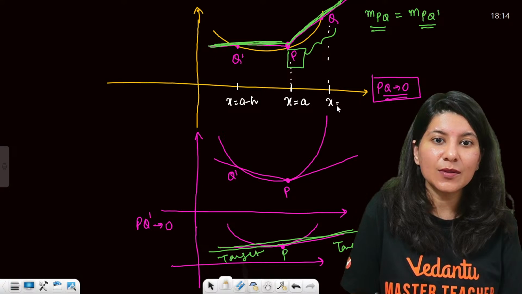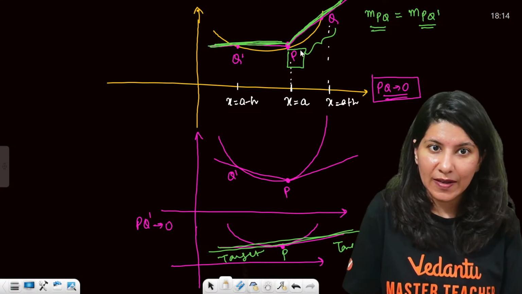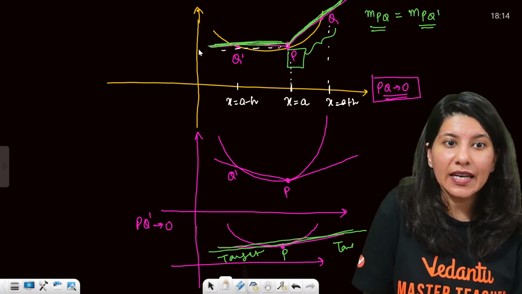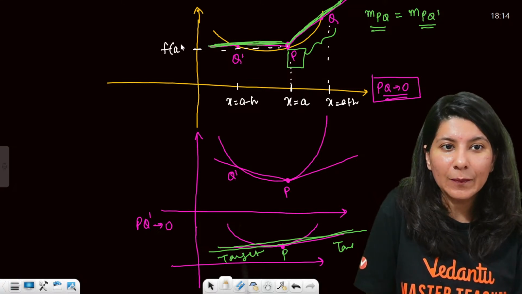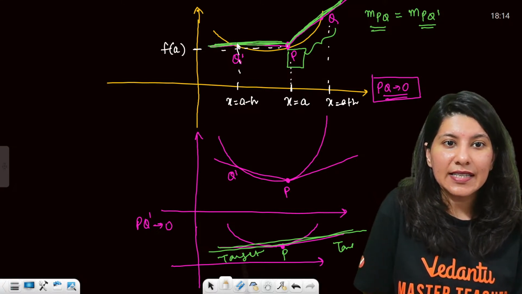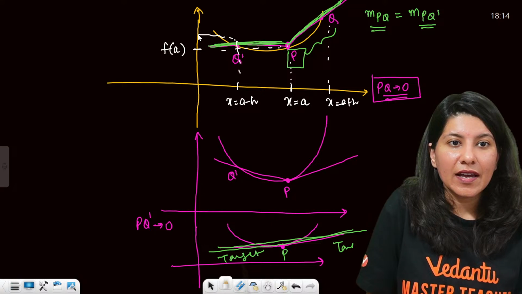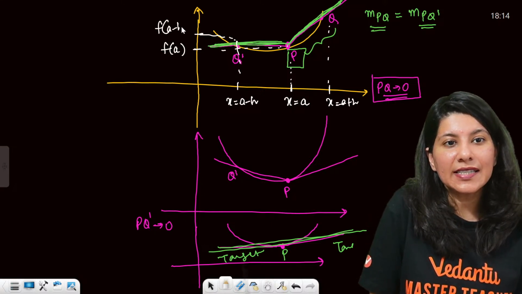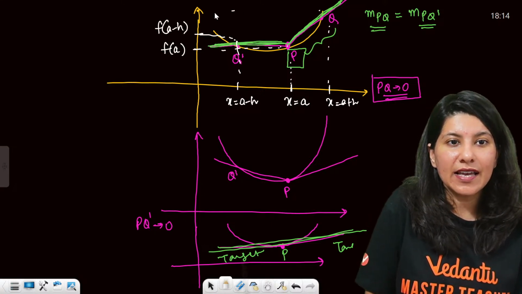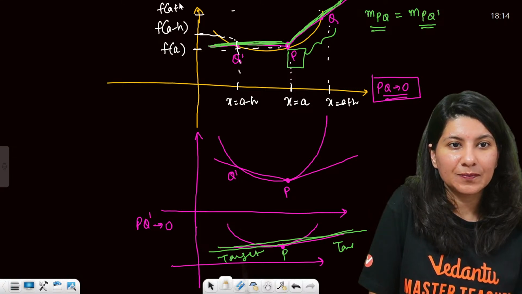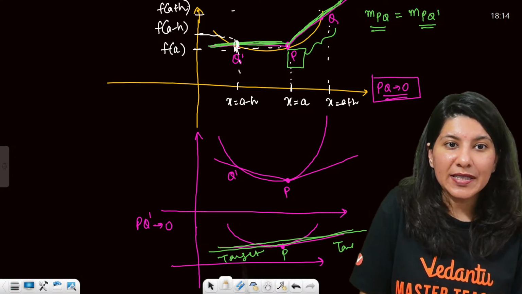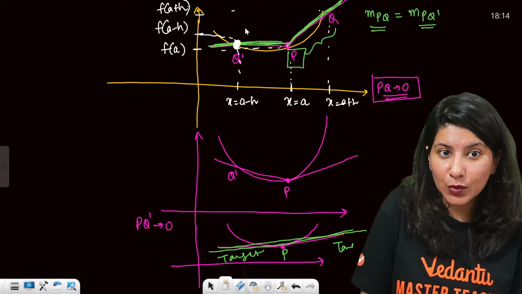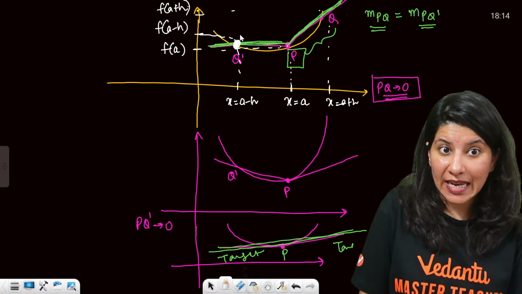This is x equals a plus h. Correct? x equals a. Now this is f of a, this is f of a minus h, and this is f of a plus h. Correct? Okay. So basically the y coordinate of Q dash will be f of a minus h.